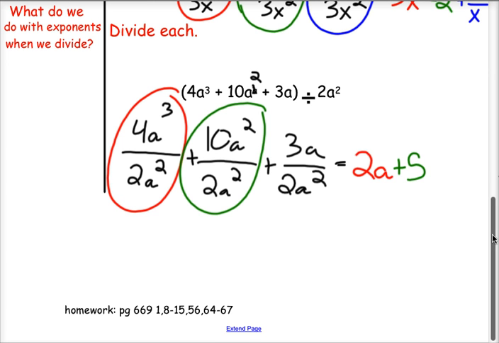You have 0. And now our final piece, 3 divided by 2, well, actually just stays a fraction. That can't simplify. A divided by a to the 2. 1 take away 2 leaves you with a -1. So that -1 means we have an a left, but it's in the denominator. And that is actually it, all that we have to do.